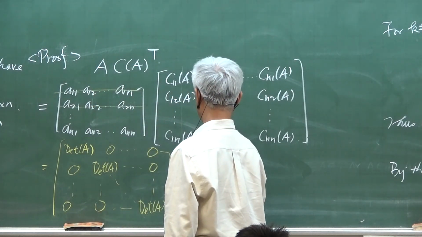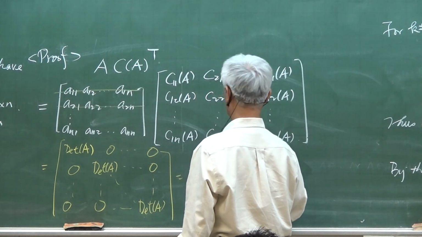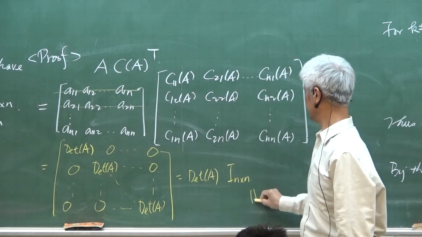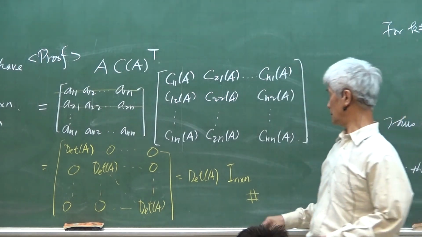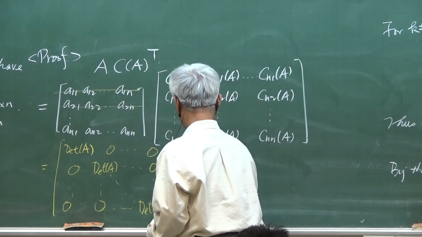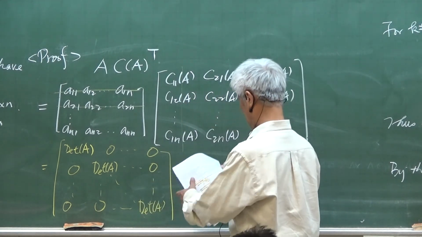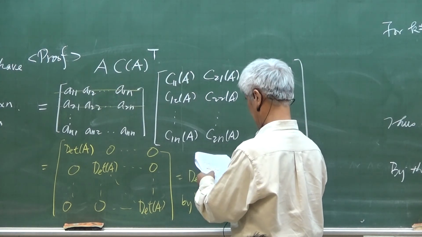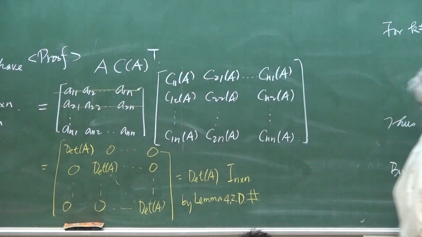So this is the determinant of A times the identity. And then we have the proof. This is by the lemma we just did, lemma 4.2.b.